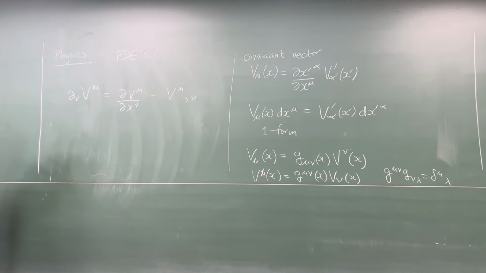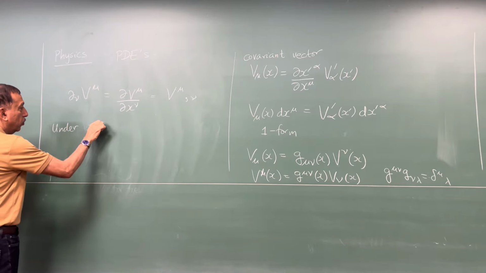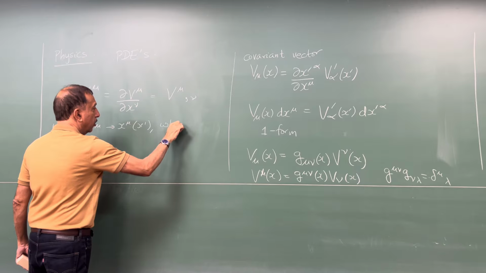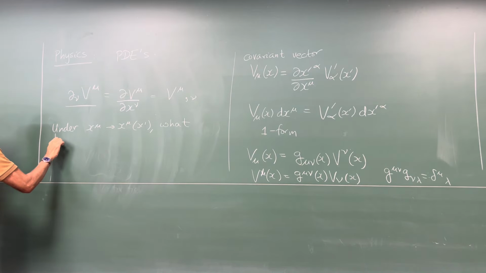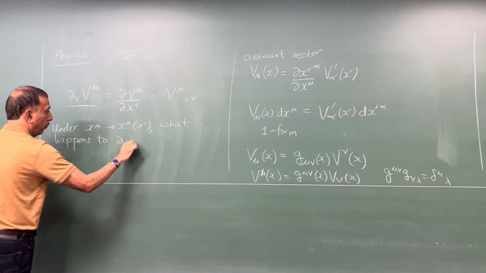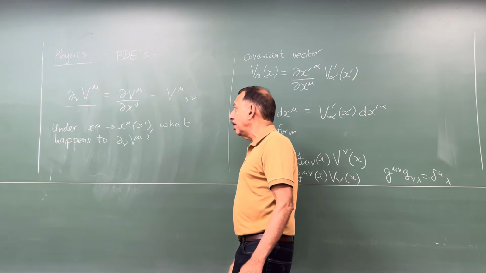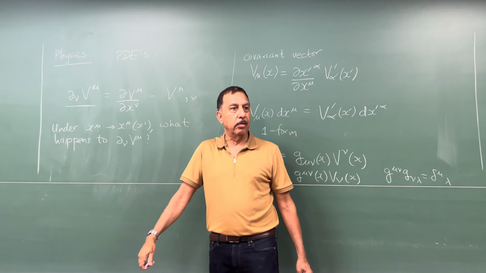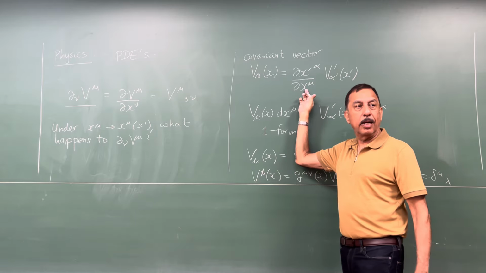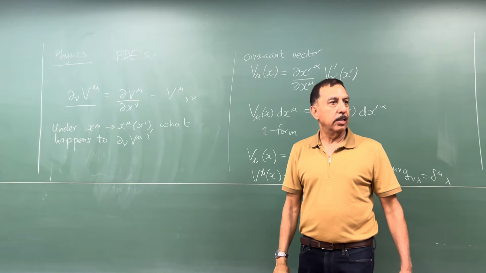Okay. So an obvious question, under x mu goes to x mu of x prime, what happens to this object? Now when you stare at it, first of all, let's remember that if we were doing special relativity, then instead of these complicated factors del x prime by del x, we would simply have a constant matrix called lambda, which satisfies some relation, right?